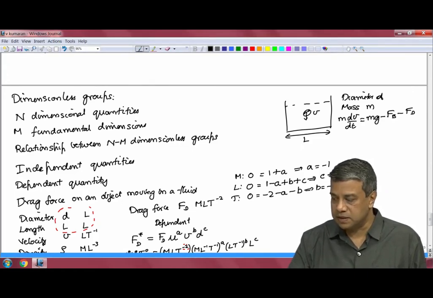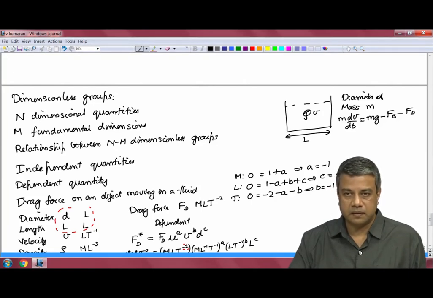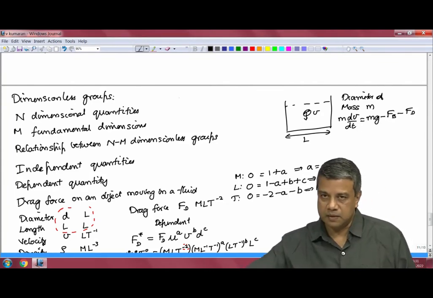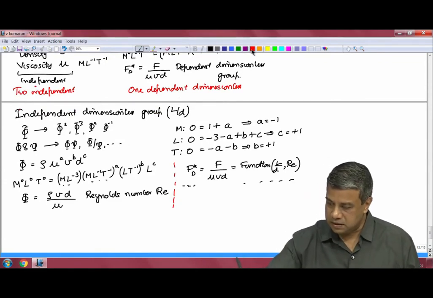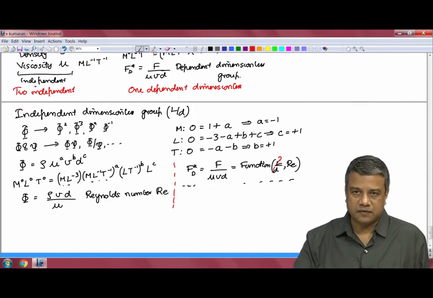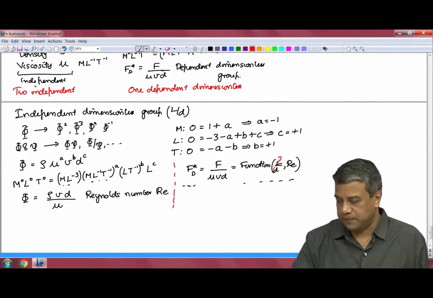So, because the boundaries are very far away, you would expect L not to be a parameter. If a particle was settling in an infinite medium, then the length is no longer a parameter, and therefore this parameter L by d is no longer a parameter in the problem. Of course, if you are in a small tank, then it does depend upon the dimension of the tank.